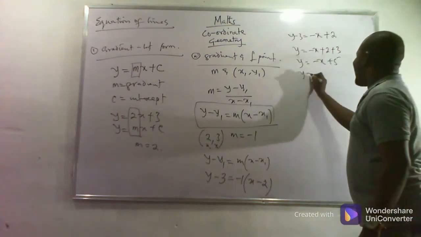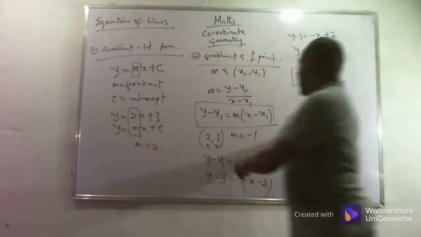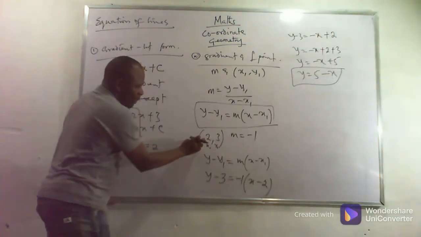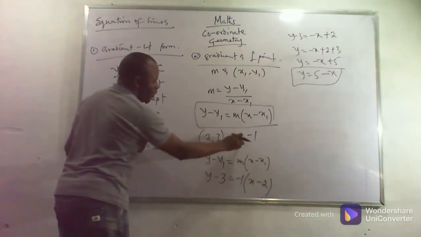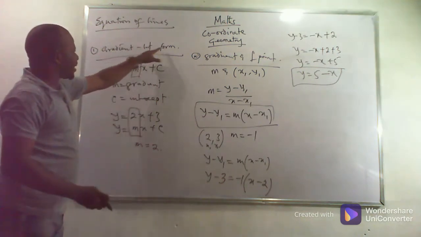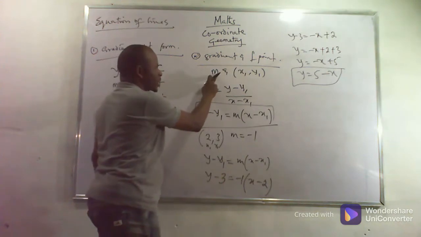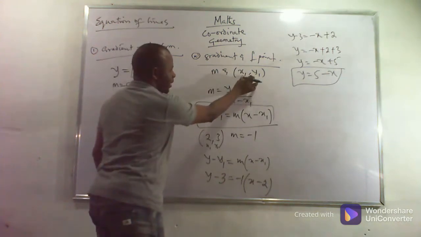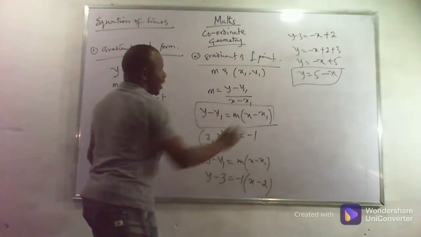So you can say y is 5 minus x. This is the equation of the line that passes through points 2, 3 and has a gradient of minus 1. So we look at gradient and 1 point. You are given the gradient, you are given 1 point. This is how to work the equation of a line.